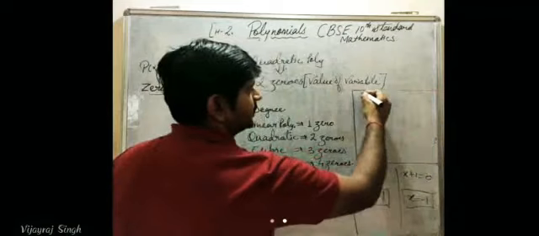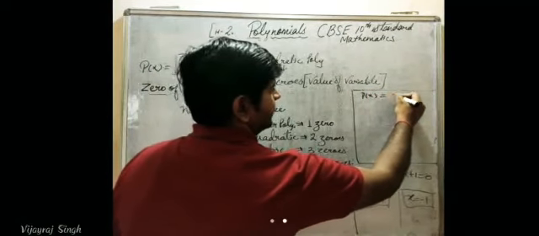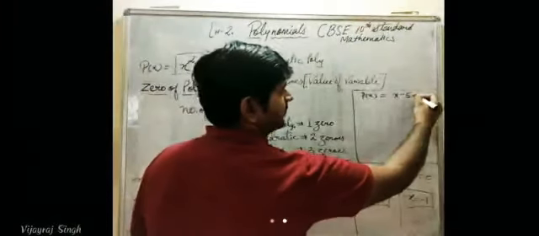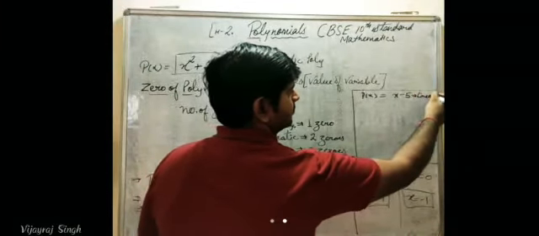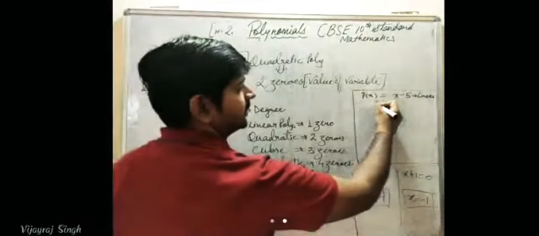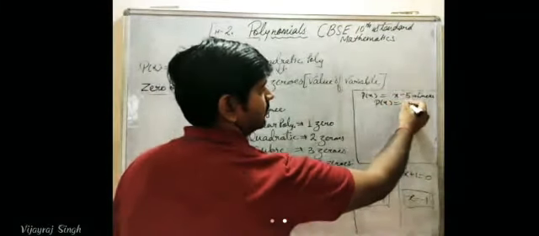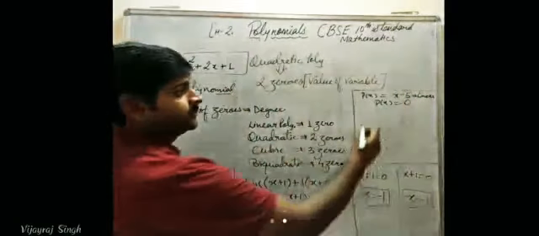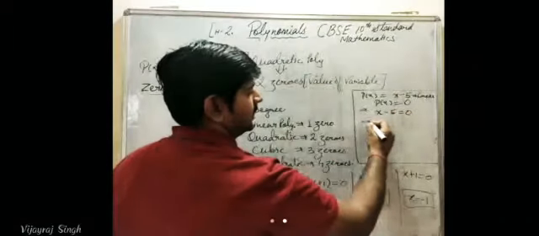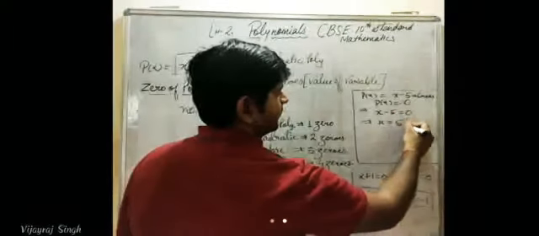Suppose my polynomial is x minus 5, and no doubt it is linear. So I told you this polynomial will be equal to 0. So now x minus 5 equals 0, and I got my value, that is 5.